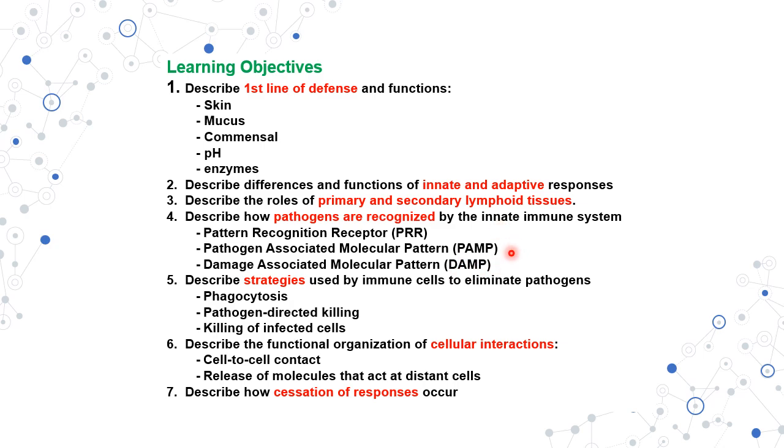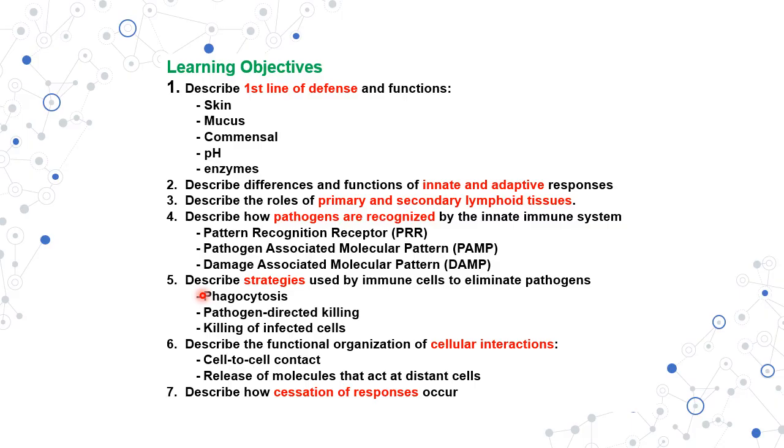So you have these specific ways of recognizing pathogens or damaged stuff, and this is all part of your innate immune response. Okay, then you're going to start looking at the strategies of the immune system to kill the pathogens, and if they cannot directly kill the pathogens, they have to kill the cell that is infected with the pathogen.